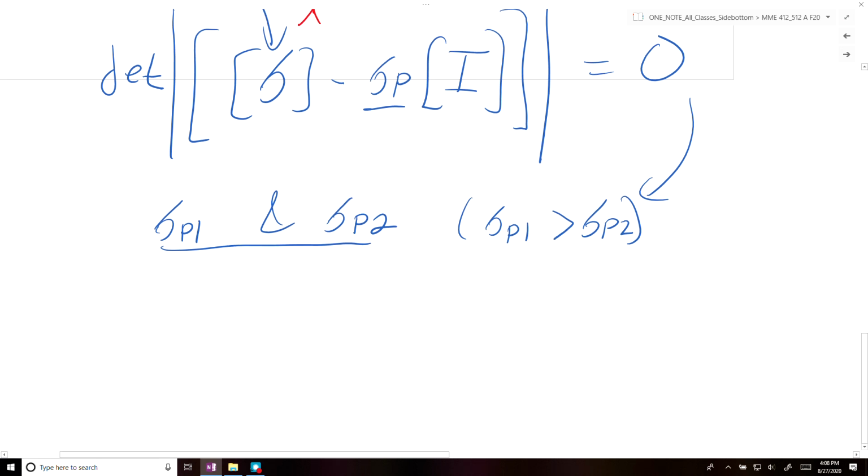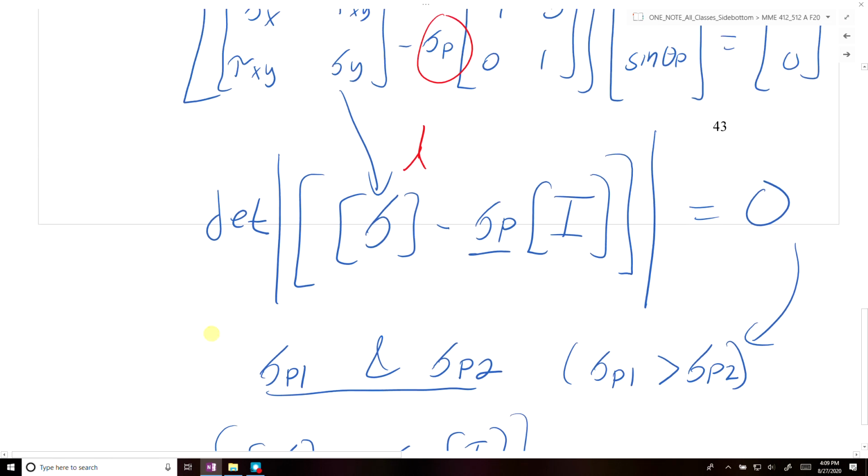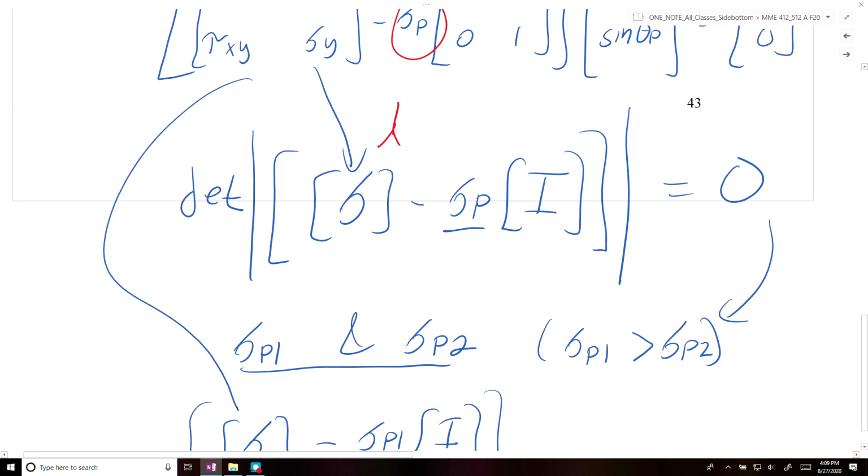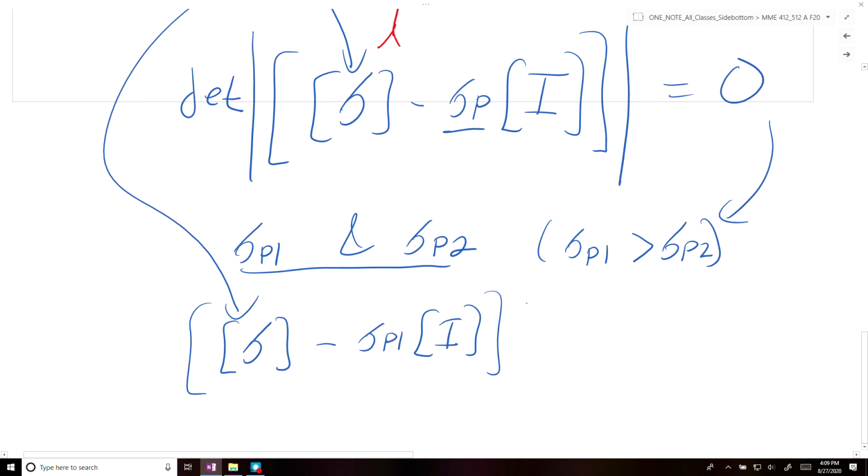So we can say sigma minus sigma p1 times the identity matrix, where sigma is just our state of stress, sigma x, tau xy, and sigma y. If we multiply that by our eigenvector v1, we can solve for our eigenvector.